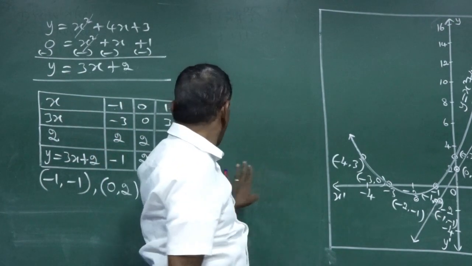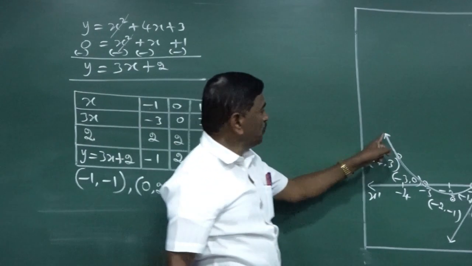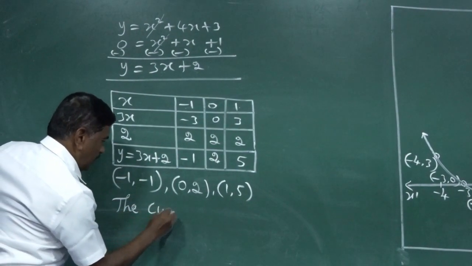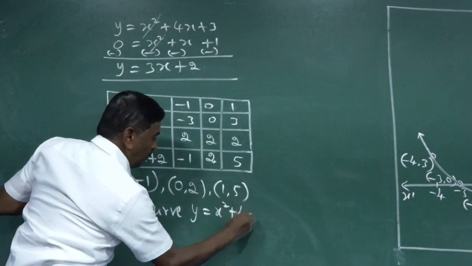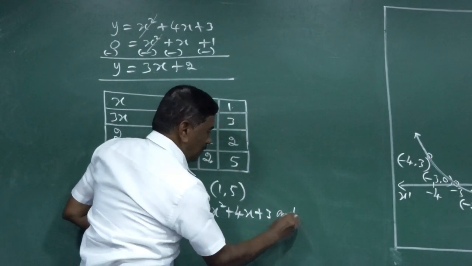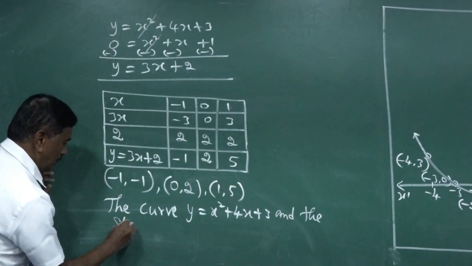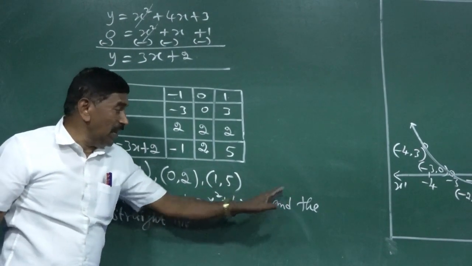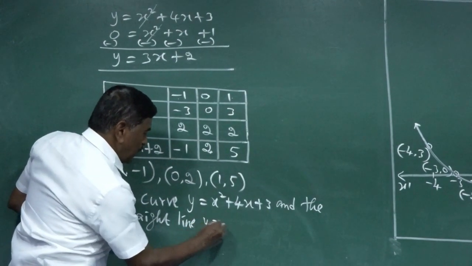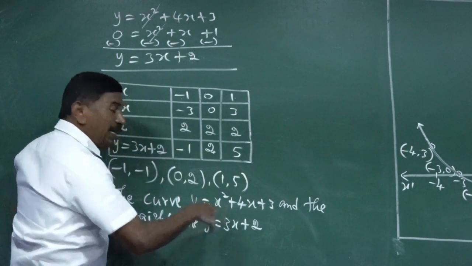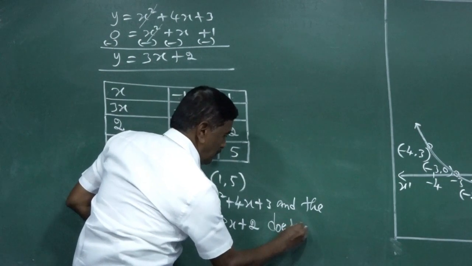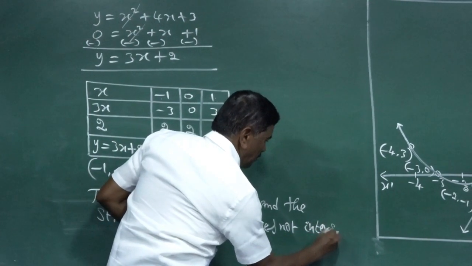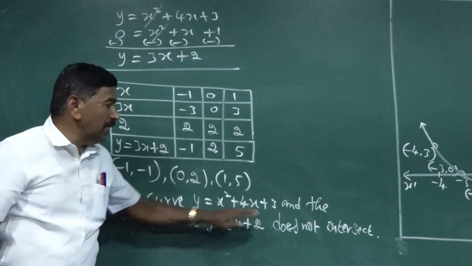That is the conclusion. Now I want to write the conclusion. The conclusion is the curve y is equal to x square plus 4x plus 3 and the straight line y is equal to 3x plus 2 do not intersect.